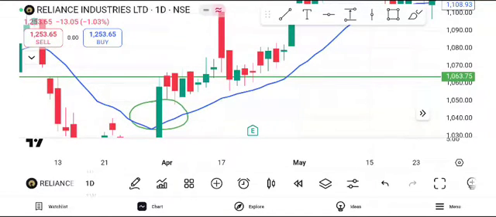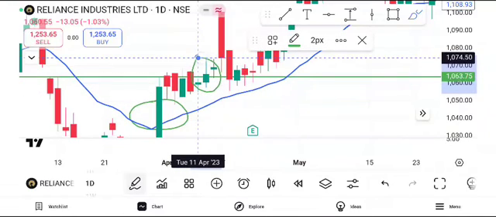Now, when do we take the entry? Another green candle should close above this confirmation candle. Let's take it here.